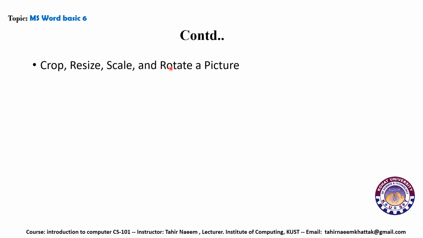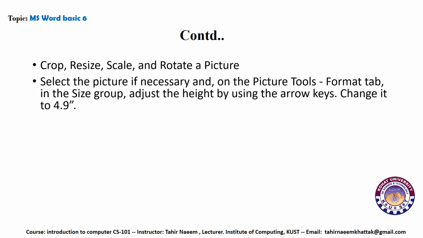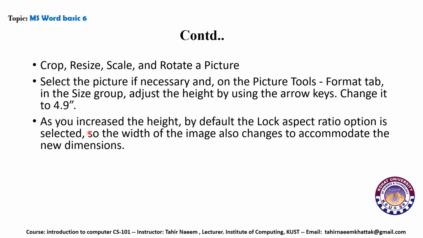Crop, resize, scale, and rotate a picture. Select the picture if necessary. Whenever we want to modify a picture, we will first select the picture, and then open the Picture Format tab, and here we can go to the Size group and adjust the height by using the arrow keys, changing it according to our requirement.